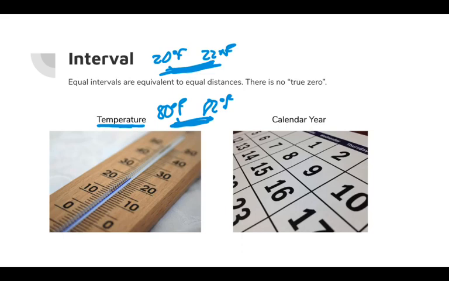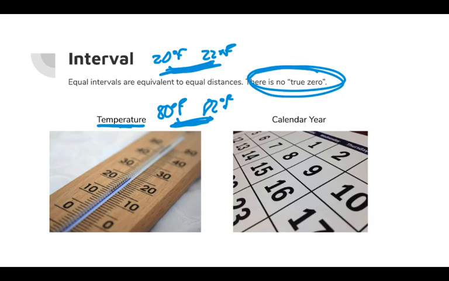Anyways, then the last identifier here is that there is no true zero. And what that means is that in your data, in these numbers, because interval data is quantitative, it is numerical in nature, there's no true zero.